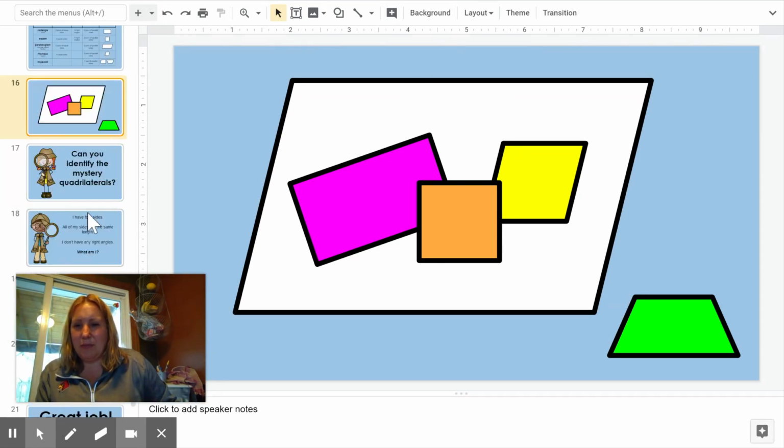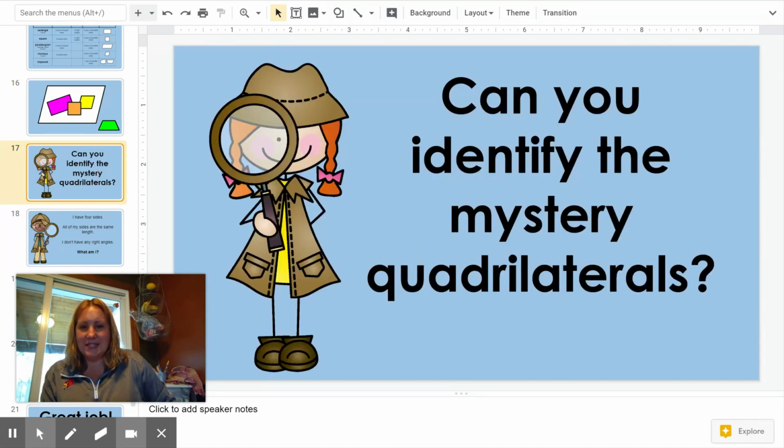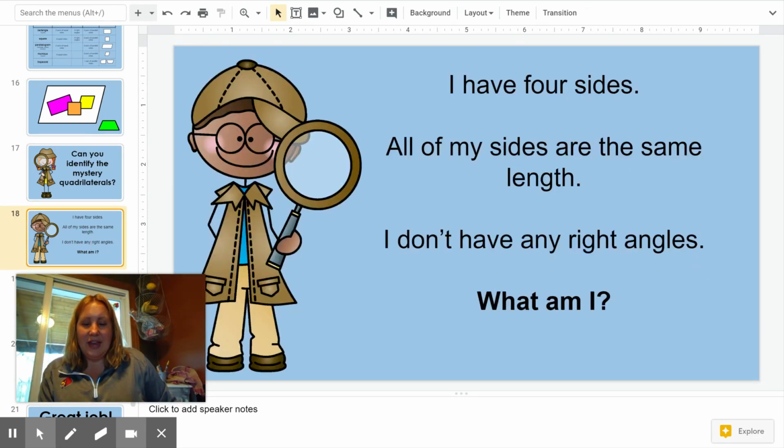All right, we're going to put a little bit of this to practice now and see if you can identify some mystery quadrilaterals when I describe them to you. So if I have a figure that has four sides, you know it's a quadrilateral, and I tell you all the sides are the same length and there's no right angles, what would be that mystery quadrilateral?